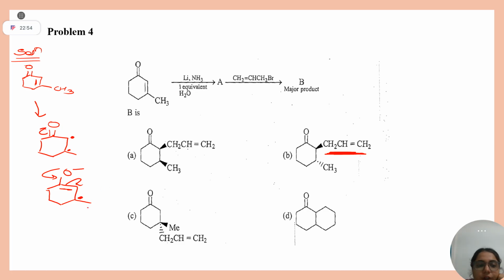one equivalent water. Right? But now among A and B, which option is more correct as per your hypothesis? In one, they are cis, in another, they are trans. For that, let me make one cyclohexanone.